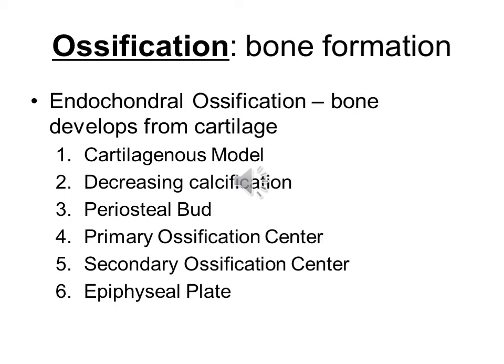This is going to become the primary ossification center, right? So as the bone collar forms, chondrocytes within the shaft are going to enlarge. So we get to see right away the primary ossification center. Then we get some calcification, right? So the cartilage in the center of the diaphysis is going to calcify and develop cavities.